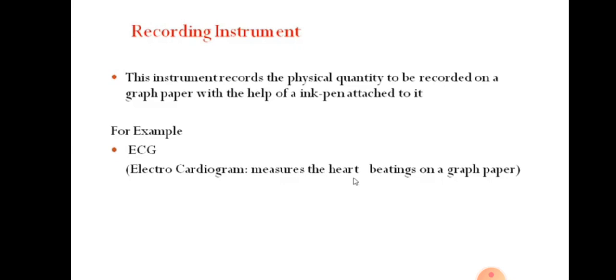If you have seen an ECG device anywhere, it collects the data and the data is indicated on graph paper by using a particular device. A particular device is designed to record and denote it on paper. This is an example of recording instrument.